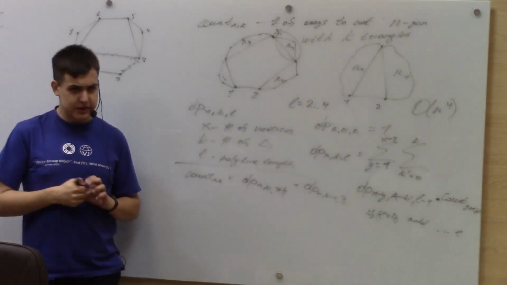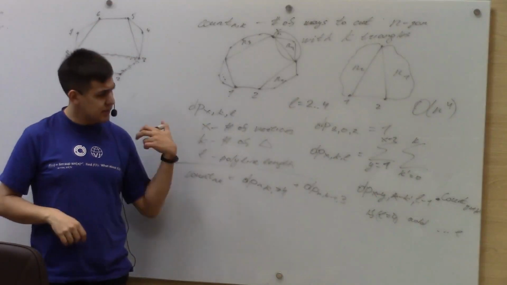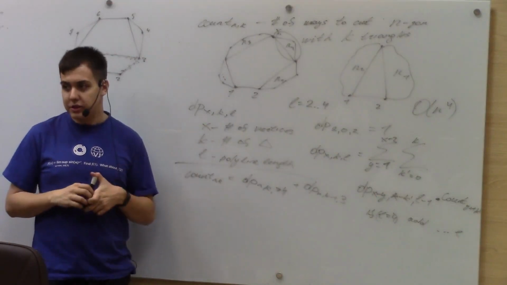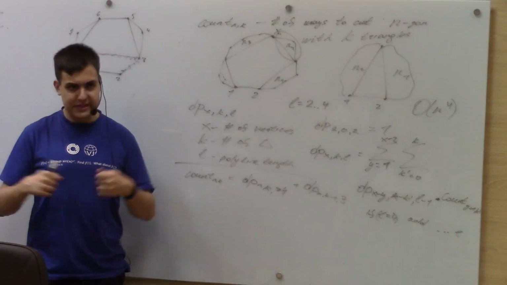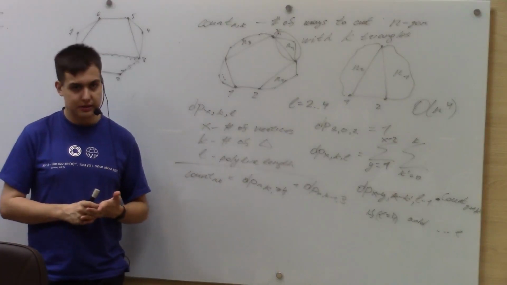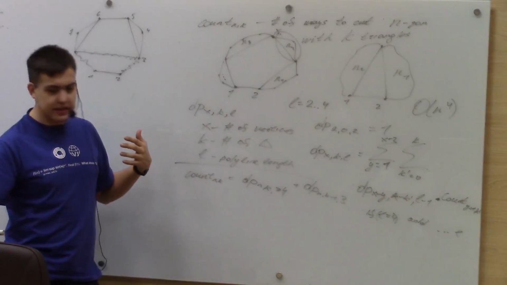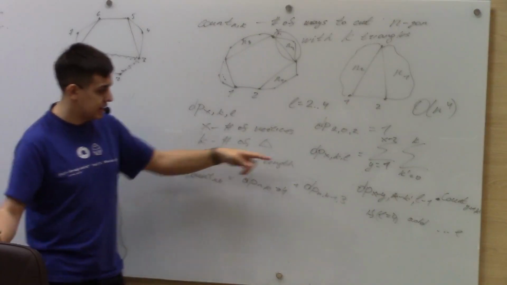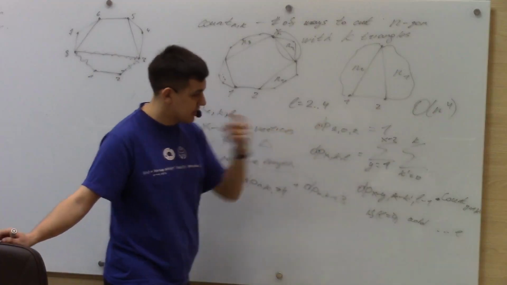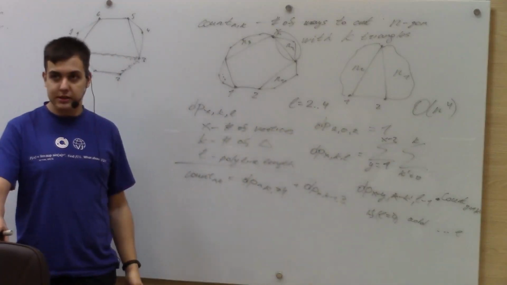As far as I've heard, this, with some optimizations, might be good enough to squeeze into the time limit, since the constant is pretty low, right? So here you're trying all the numbers, here you're trying all the small numbers.